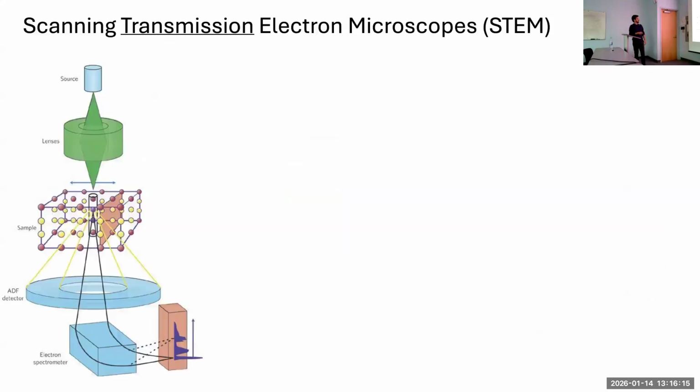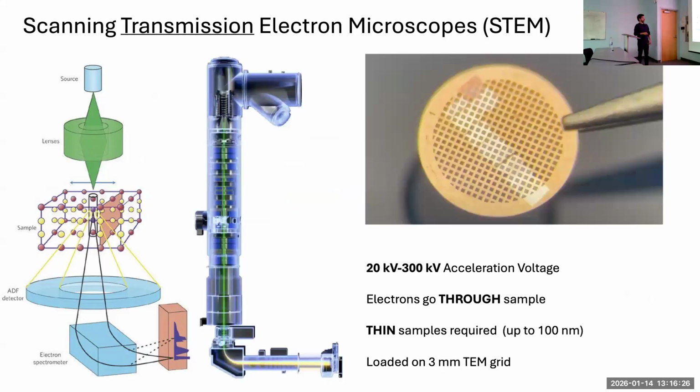So it's in the name, transmission. In this technique, these electrons have to go through our sample and be collected after the specimen. So our samples typically have to be thin so that the electrons can go through them.